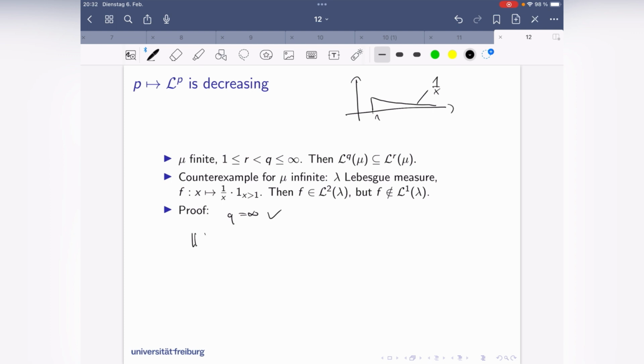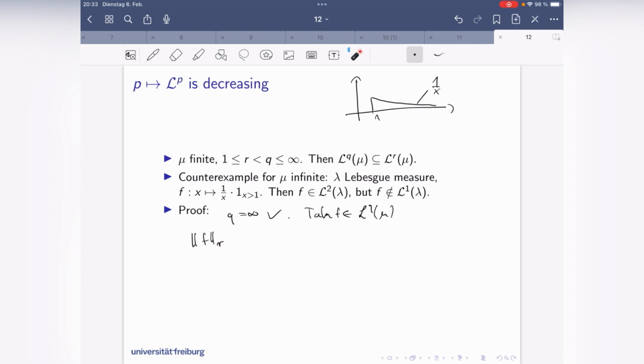Then, if that's not the case, if q is smaller than infinity, I take the R norm of f. And I have the Q norm of f. Take f in LQ of mu. So I have to start like this. I take an f in this here, and I have to prove that f is also in this set. So f is in LQ.